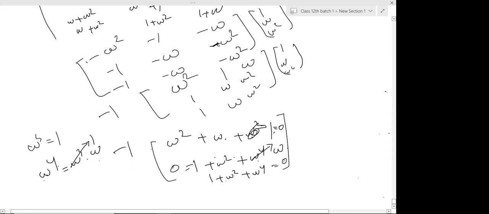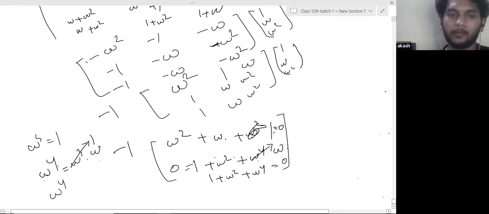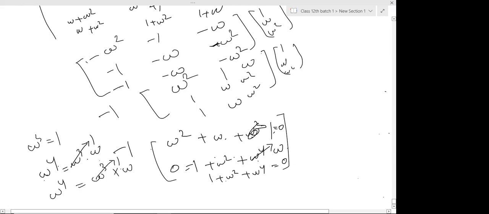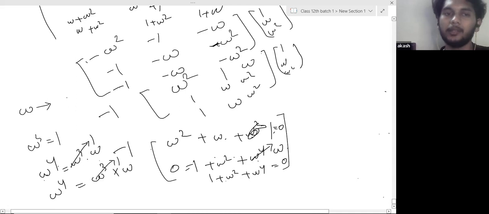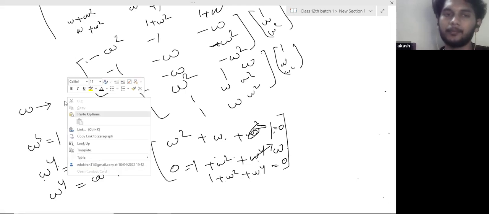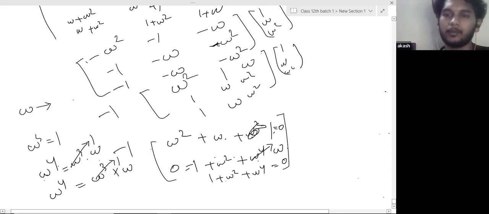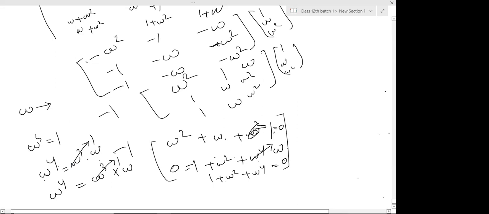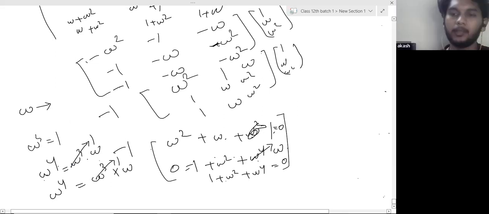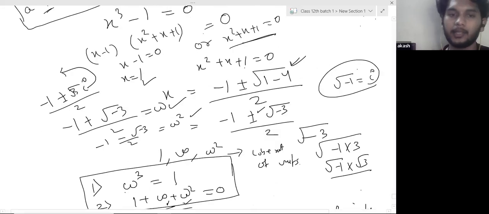Sir, omega raised to 4 is what? Omega. Why? See, omega raised to the power 4, we can write as omega cube into omega. Omega cube is 1. How is omega cube 1? Because omega is the cube root of unity. I told you here, see. What is omega? Omega is the cube root of unity. Why?